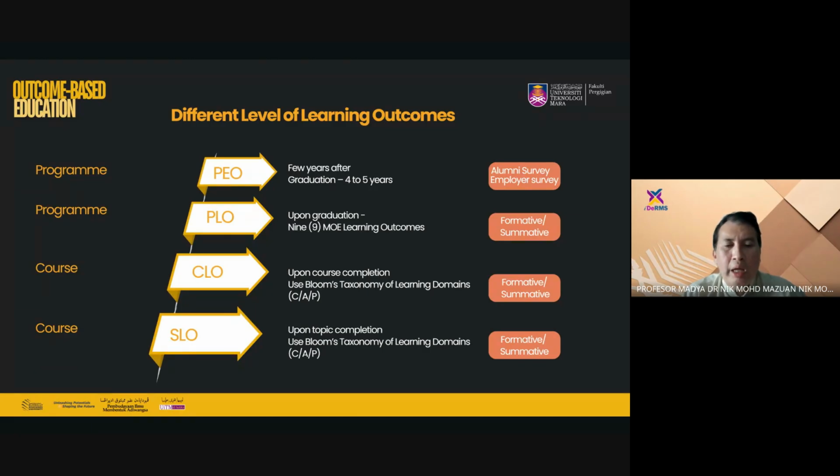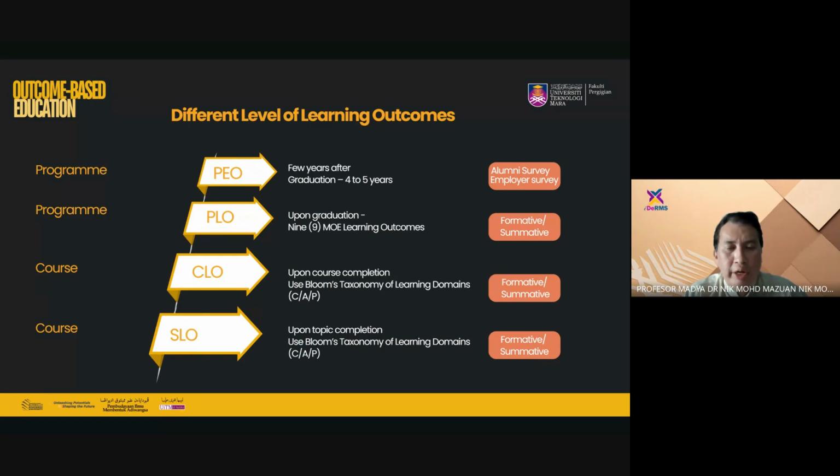All right. And then the lowest one is SLO, the specific learning outcome, which is the learning outcome for every topic that we have. We use SLO to map to our exam questions, isn't it? So SLO maps to CLO.